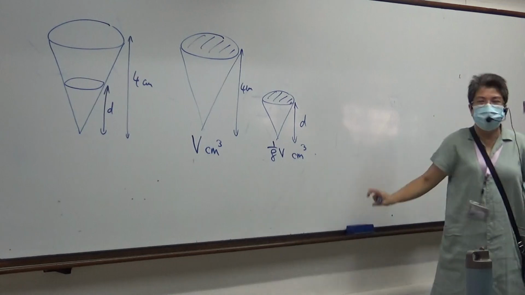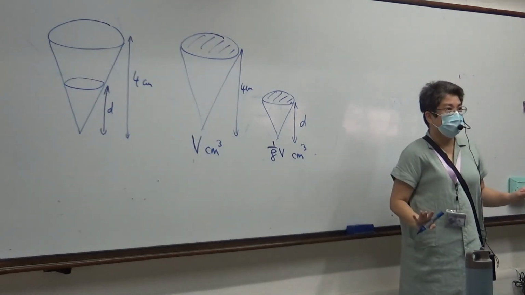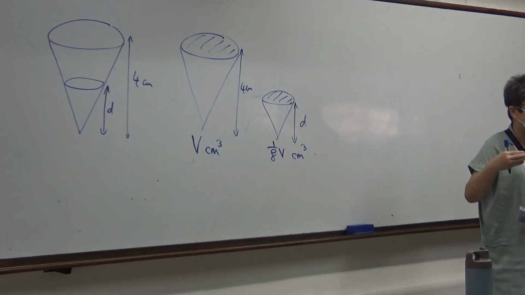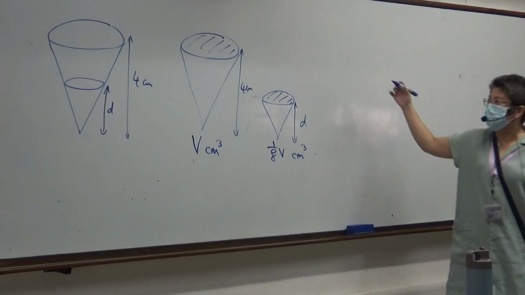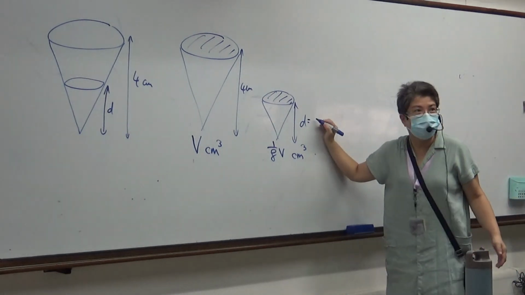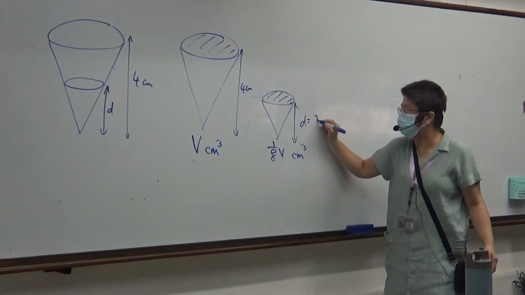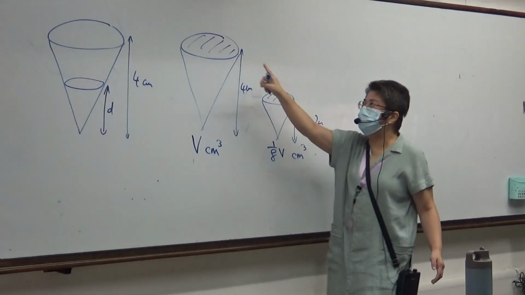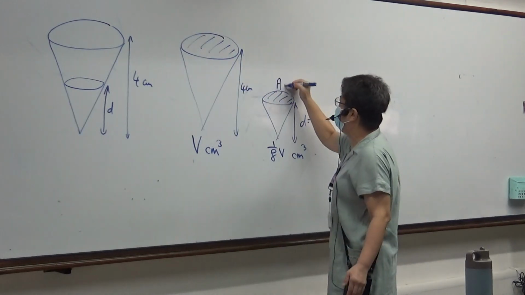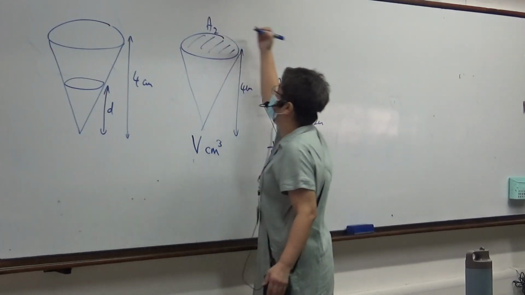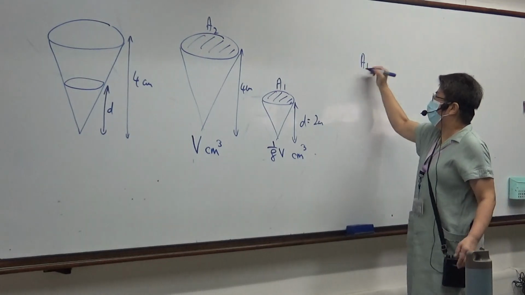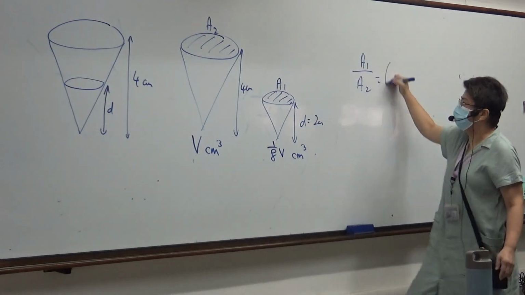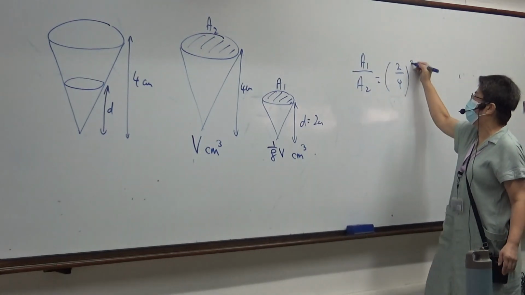Now, the question is, if you can find D, it's fine. Okay? Let me show you what happens if you find D, and if you don't find D. D just now we found out is 2. So I want this area over this area, right? I let this area be A1, this area be A2. So A1 over A2 must be 2 over 4, squared, right?